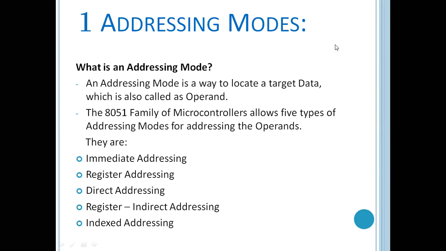In the implied we need not give the operand, whatever the value of accumulator is there, it is taken as an operand. Here there is a different addressing mode called the indexed addressing mode, which is used to access the external memory. So that is the main difference in the addressing modes. All the remaining 4 addressing modes are similar to those of the 8085.